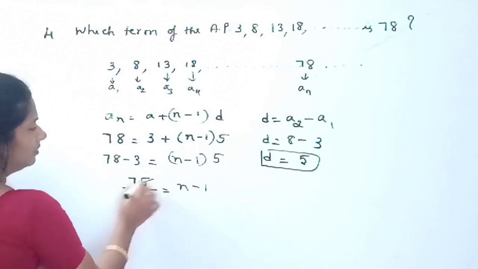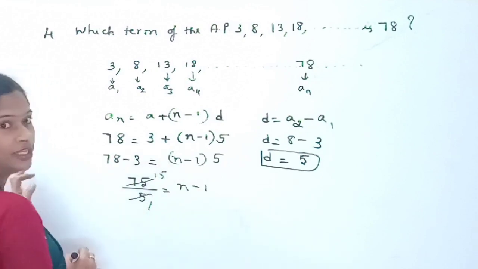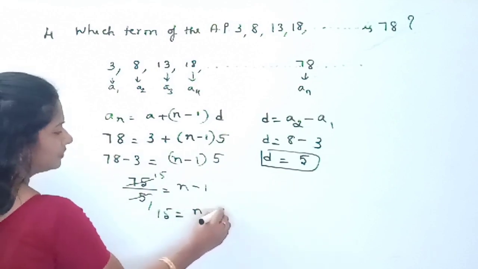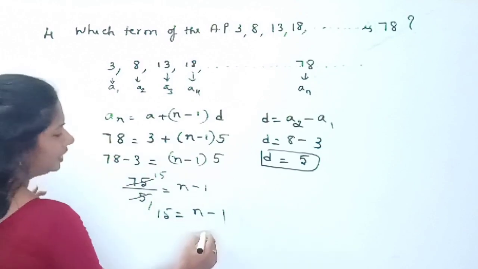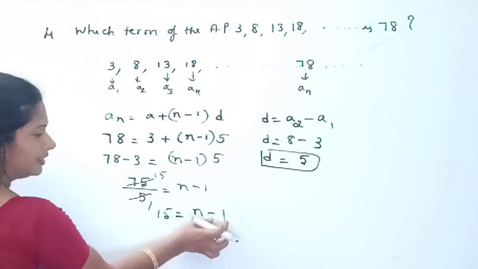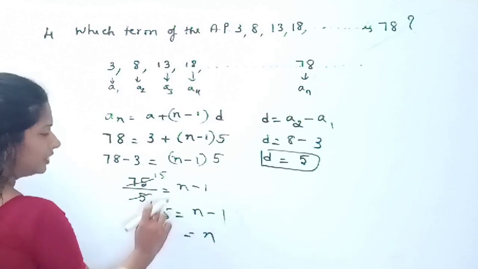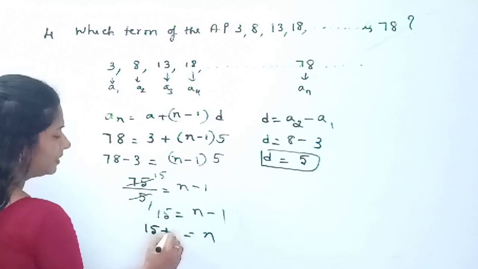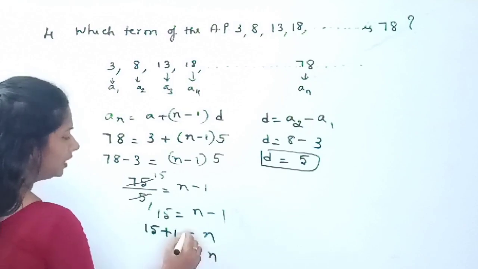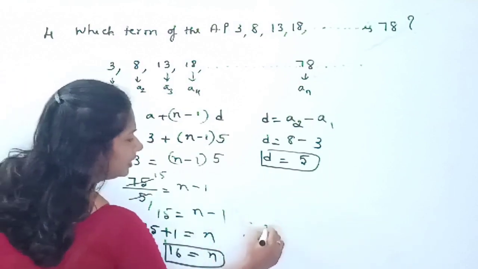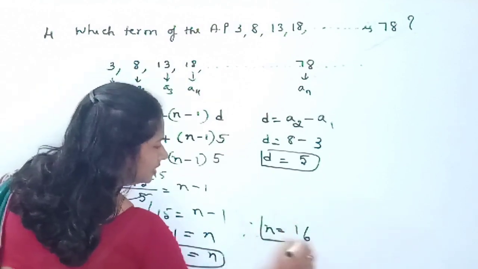So 5 ones are 5, 5 fifteens are 75. So 15 equal to N minus 1. Now we need to find out N value. So the minus 1 you transpose to left hand side. So 15 plus 1, it becomes plus 1. So N value is 16. Got it? Therefore N value is 16.